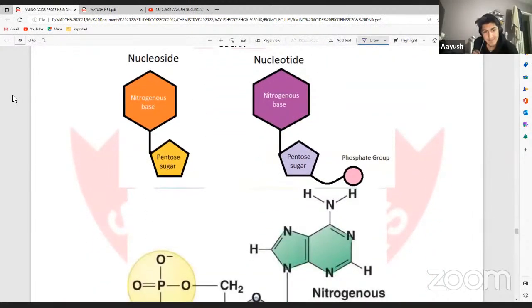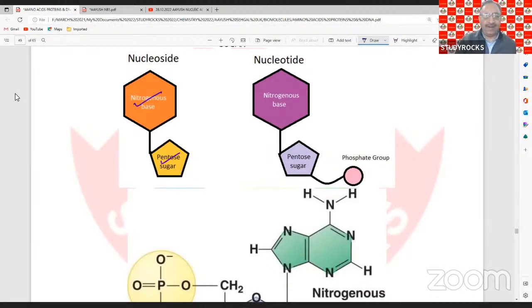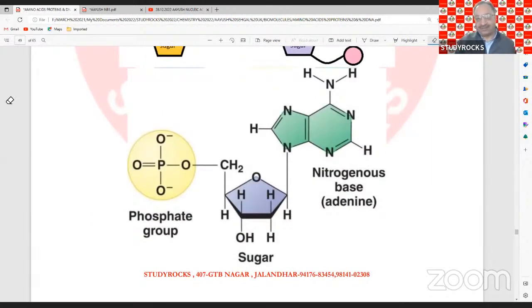And I have shown their structures like this. Nitrogen base, pentose sugar. This is nucleoside. And if you join even a phosphate group, it becomes nucleotide. And then their combinations like this. Now this is deoxyribose sugar, with 1 dash, 2 dash, 3 dash, 4 dash, and 5 dash.